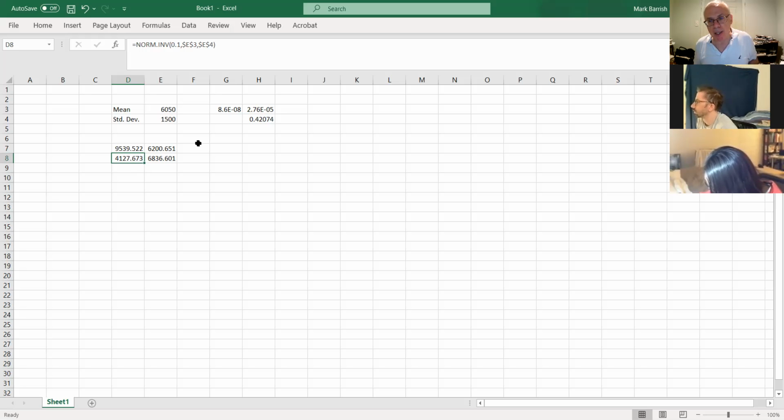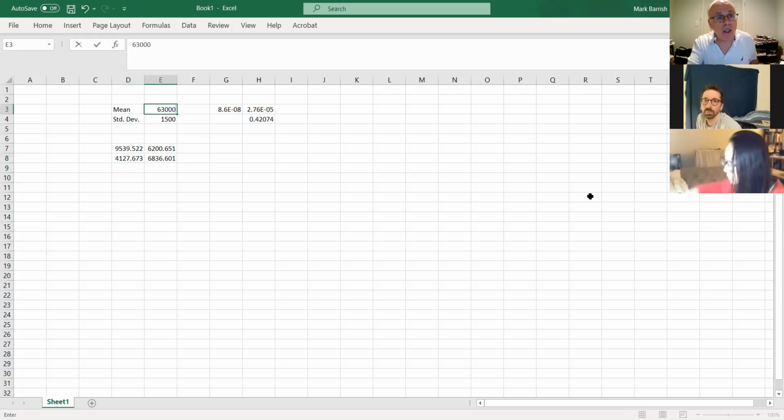So this mileage is normally distributed. Part A. So actually what I'm going to do now is put the mean and standard deviation in. Let's type it right in here. Put 63,000 in here, and I'm going to put 10,000 in here.